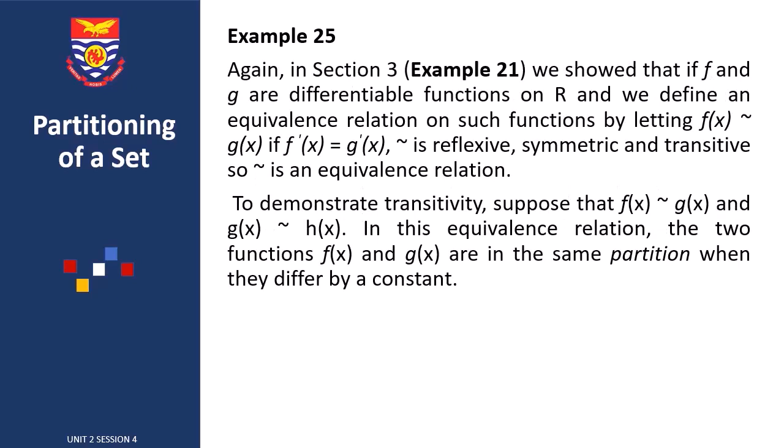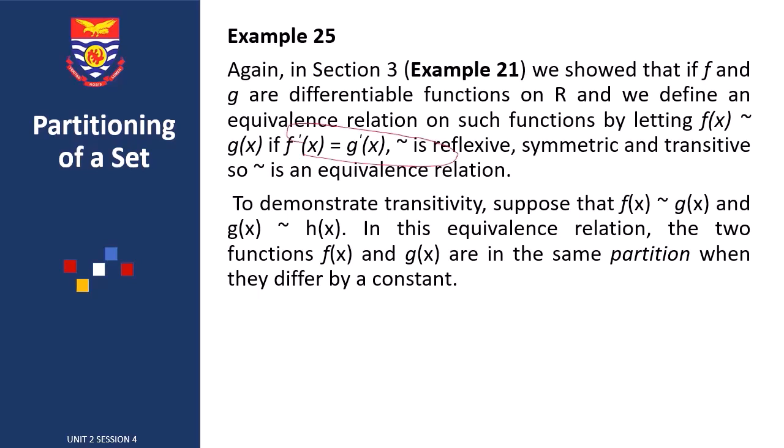In session 3, example 21, we showed that if f and g are differentiable functions on the reals, we define an equivalence relation on such functions by letting f of x relate to g of x if and only if f prime of x equals g prime of x.